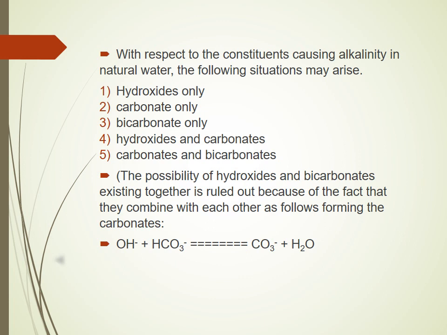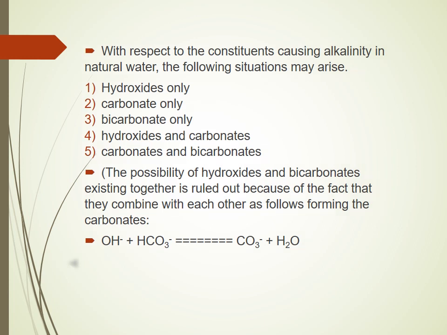Then again, it may be present as a combination of hydroxides and carbonates, or carbonates and bicarbonates. Here, one situation we skip, that is the possibility of hydroxides and bicarbonates together, because when hydroxides and bicarbonates combine with each other, they only form carbonates with the formation of water.